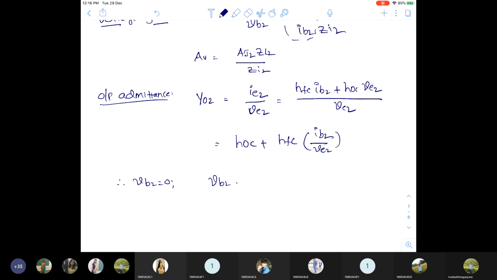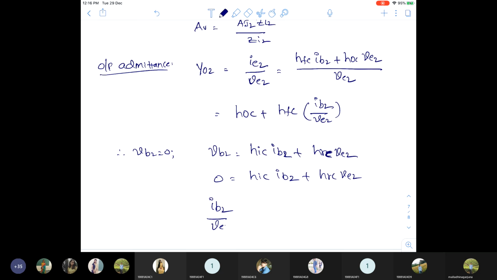So VB2 equal to HIC IB2 plus HRC VE2, so 0 equal to HIC IB2 plus HRC VE2.